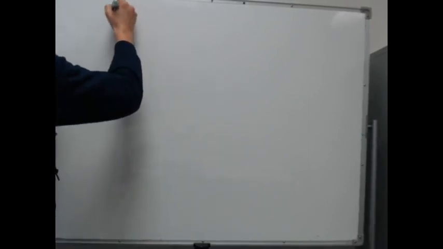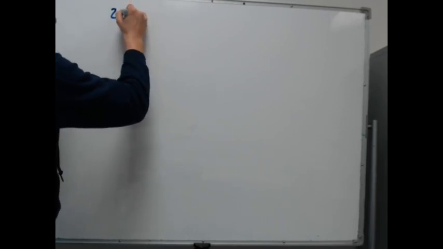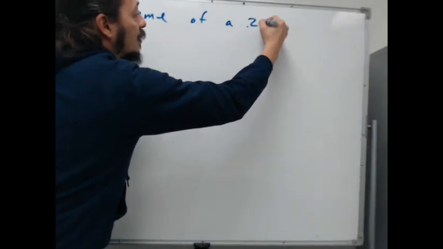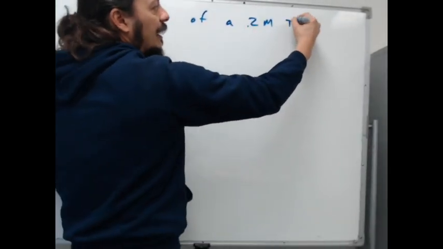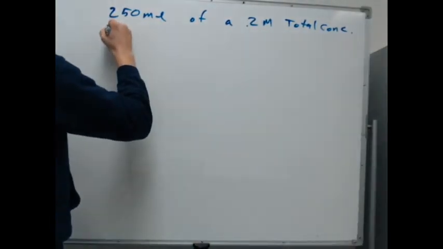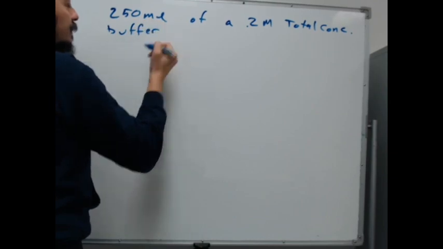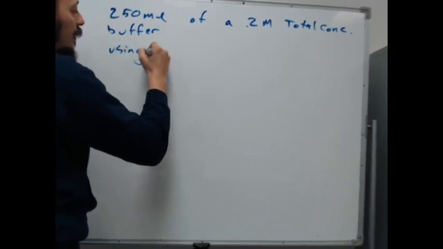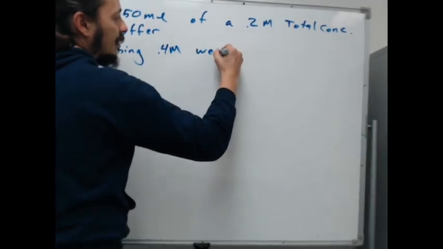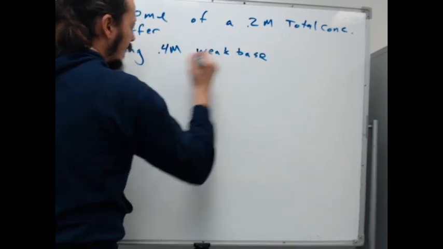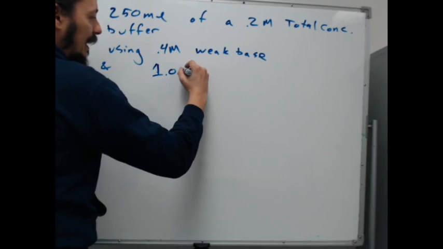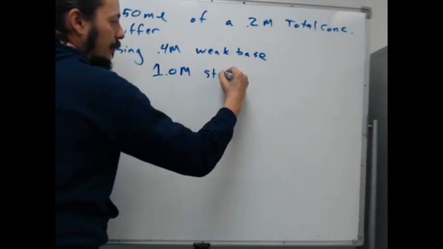We want to make 250 milliliters of a 0.2 molar total concentration buffer using 0.4 molarity weak base and 1.0 molarity strong acid.